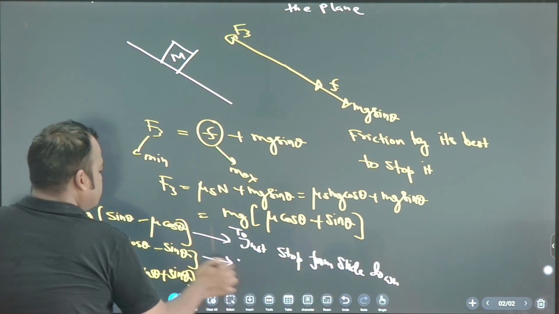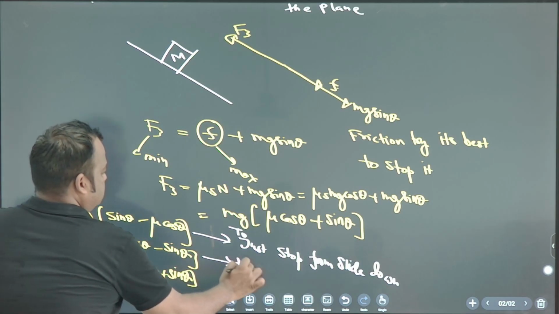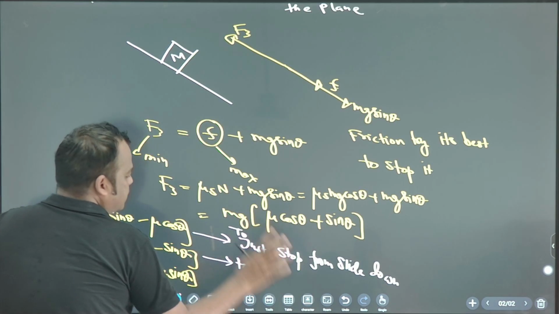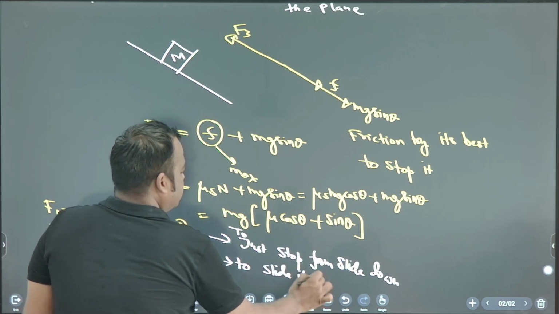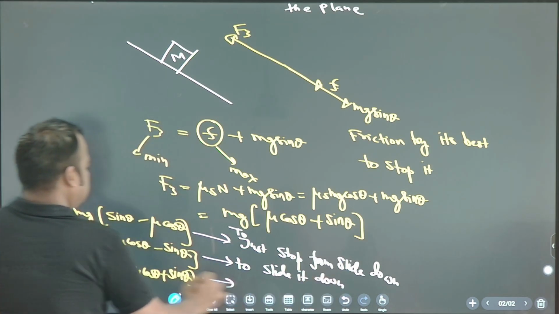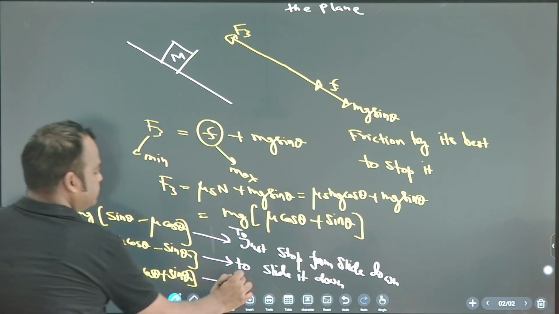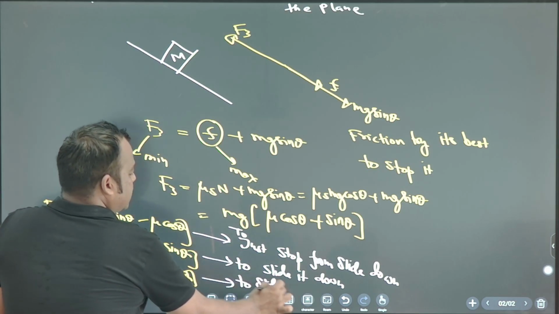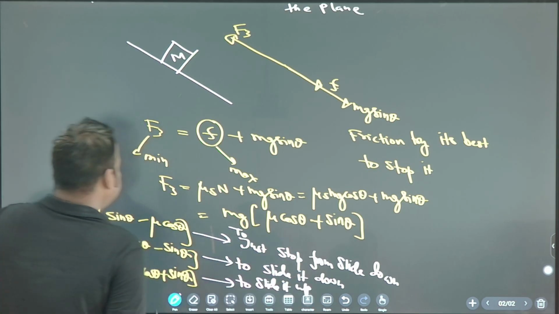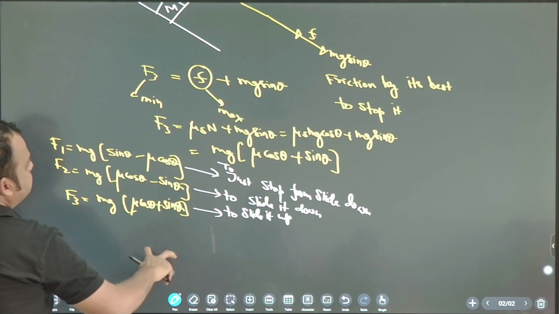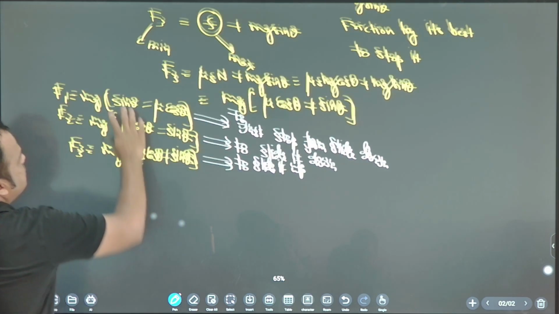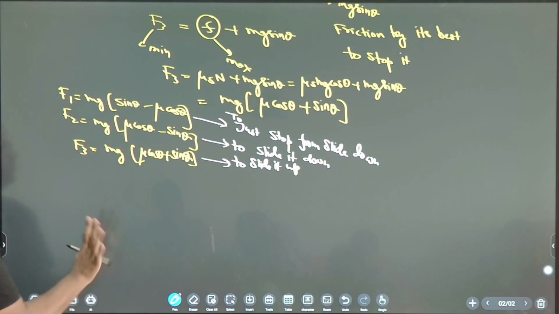This is to slide it down, and this is to slide it up. Okay, fine. So you remember these three formulas.